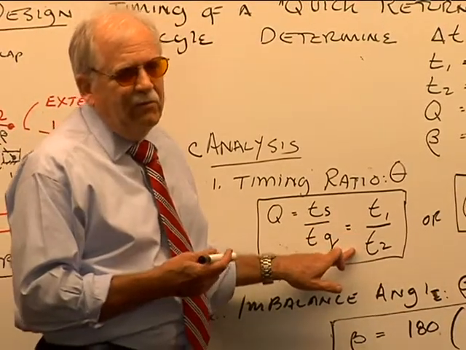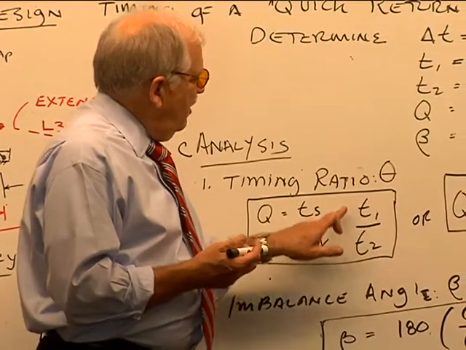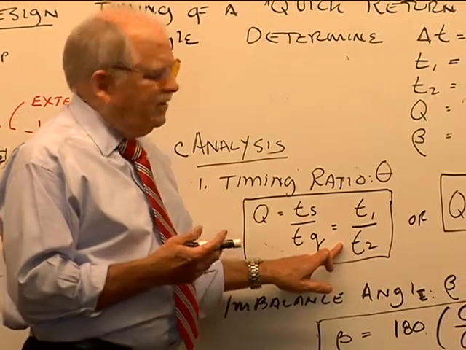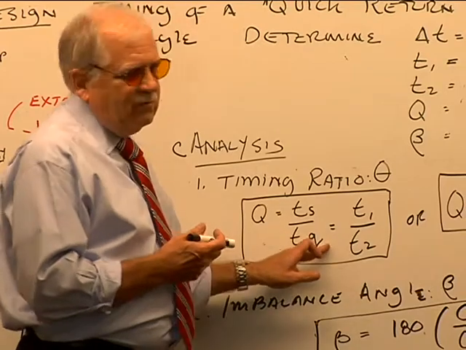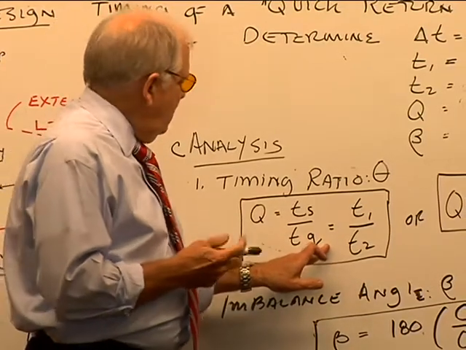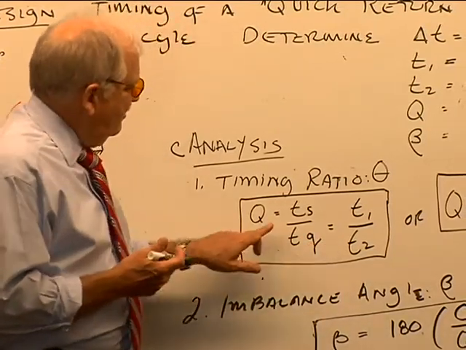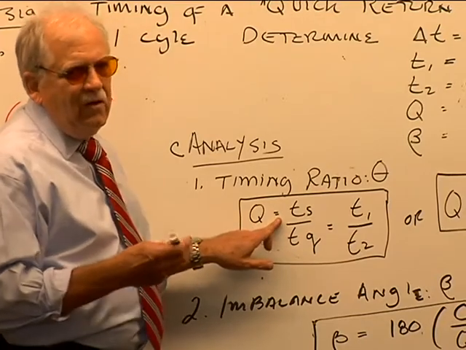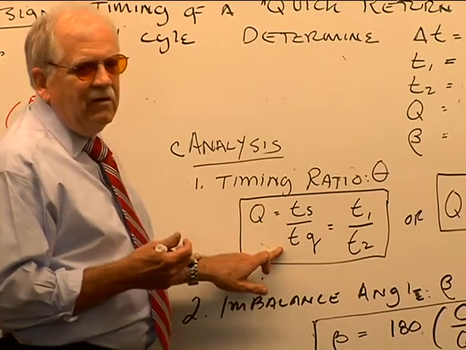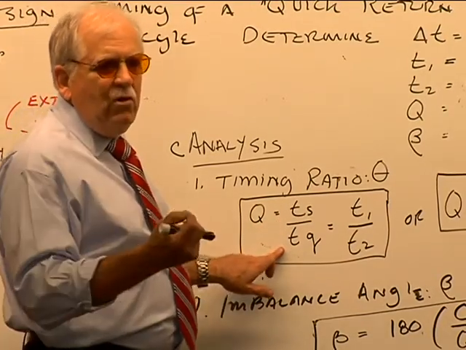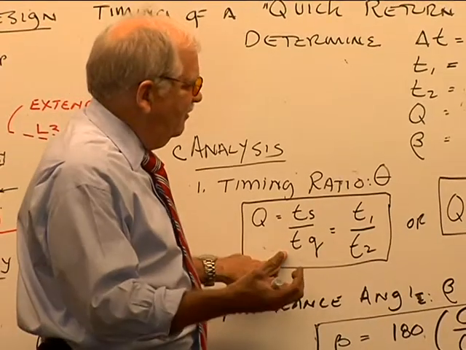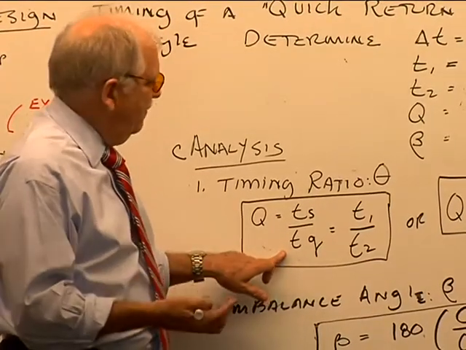That's why I have them written this way, so that when you're looking at the formulas from the textbook, you'll notice that they use either of these two allocations. To find that ratio, we just take the slow stroke and divide it by the quick stroke. There's no unit value here. This is just a ratio number.